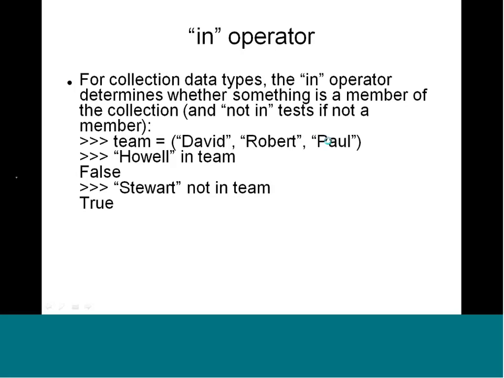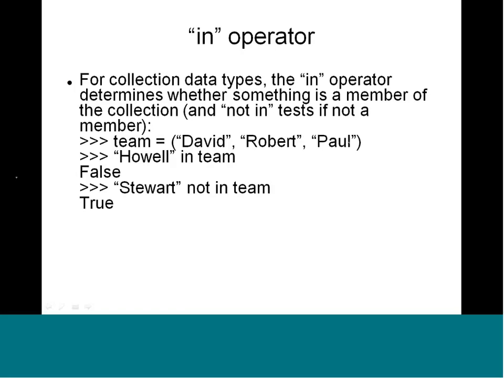Now we talk about the in operator. The in operator is for the collection data type again. The in operator determines whether something is a member of a collection or not. So this is what we use for checking whether some value is part of the collection or not.